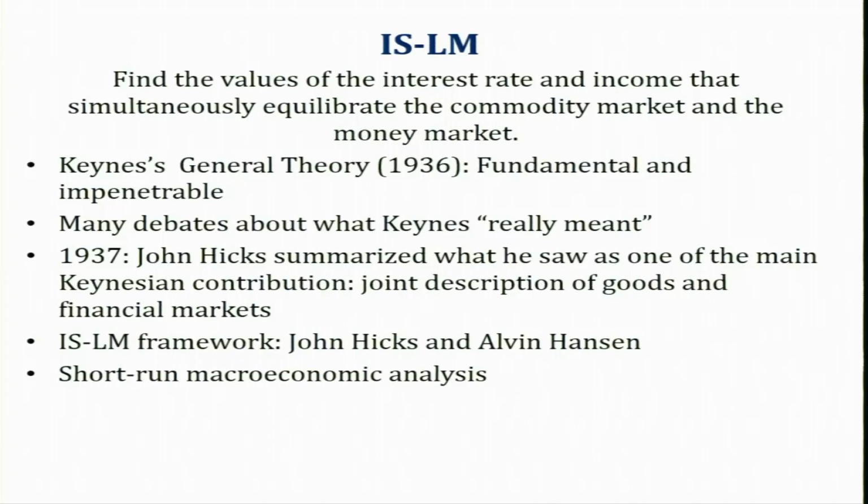Prior to that, as you may be aware, the Keynesian general theory came as a response to the Great Depression of the 1930s, the birth of Keynesians, which also paved the way for the birth of macroeconomics.